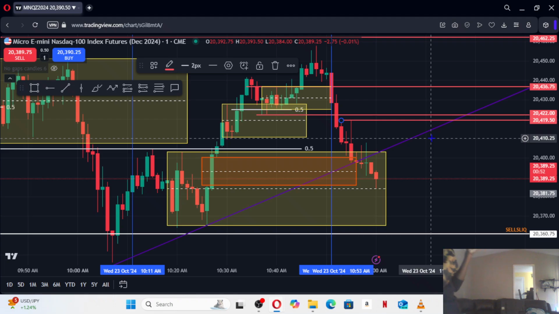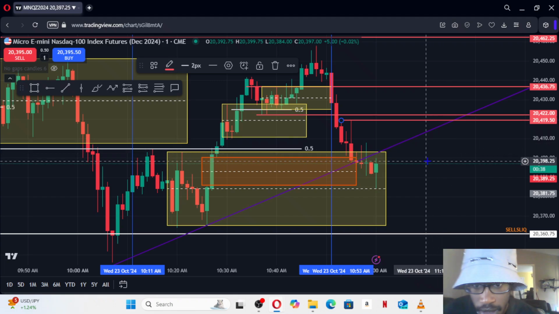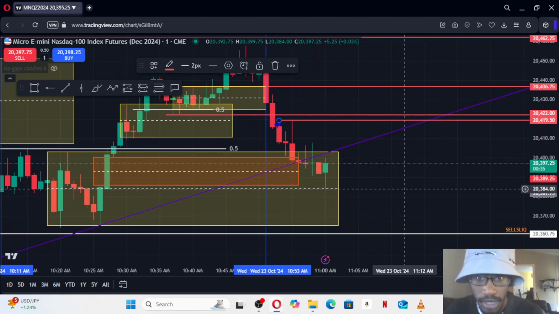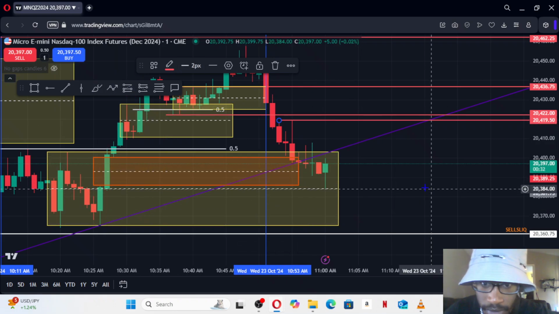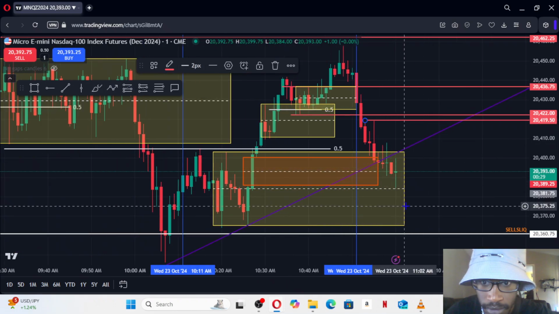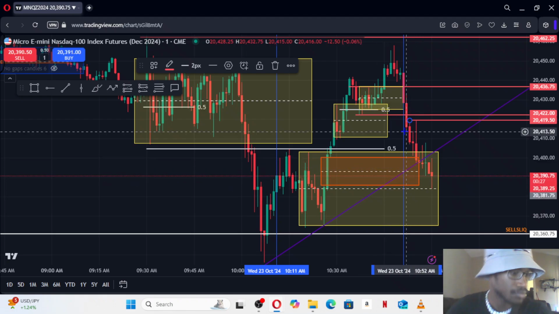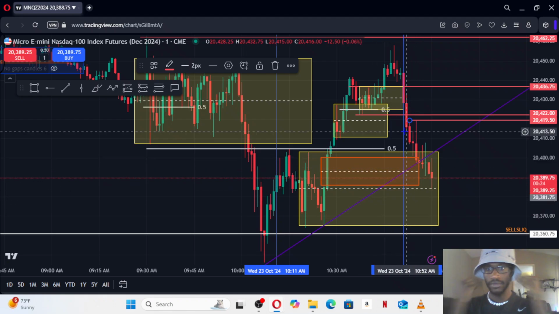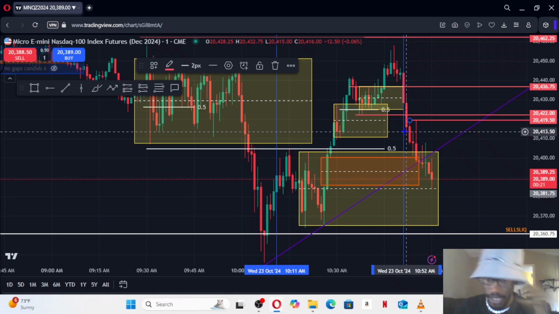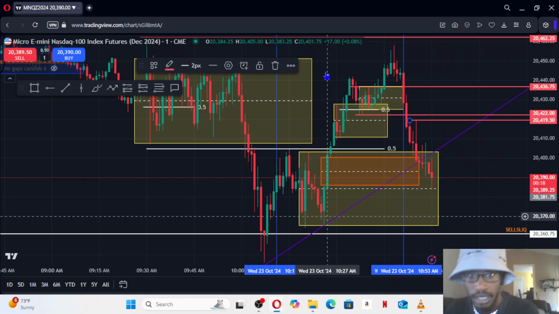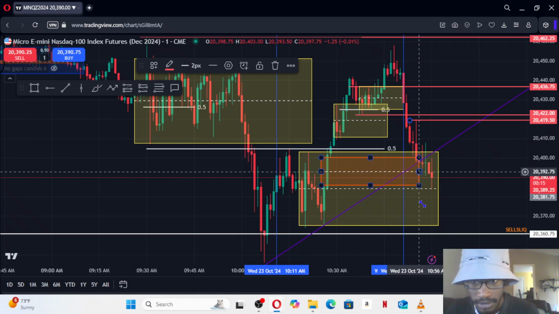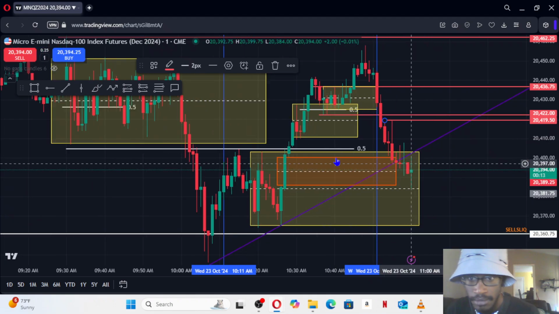Ooh. Okay, okay. We are below the trend line, so technically we did break it, but we still have this zone, so that's kind of the reason why we're below it.